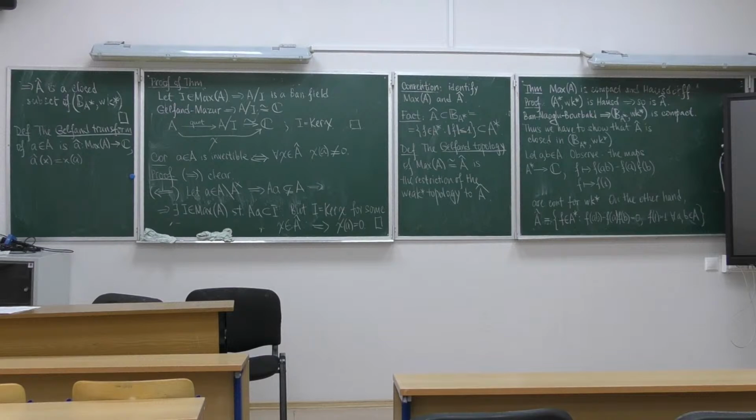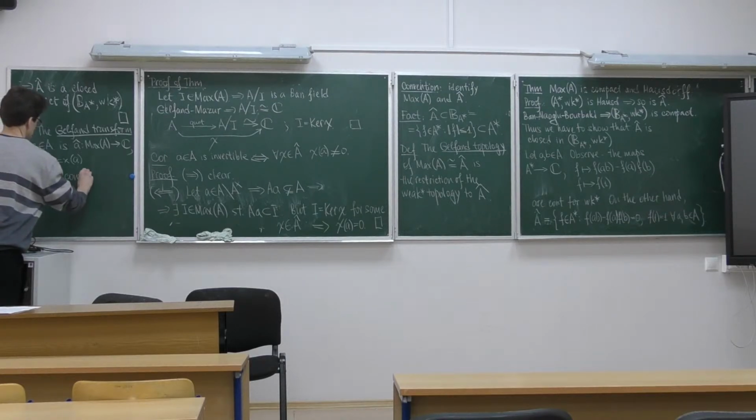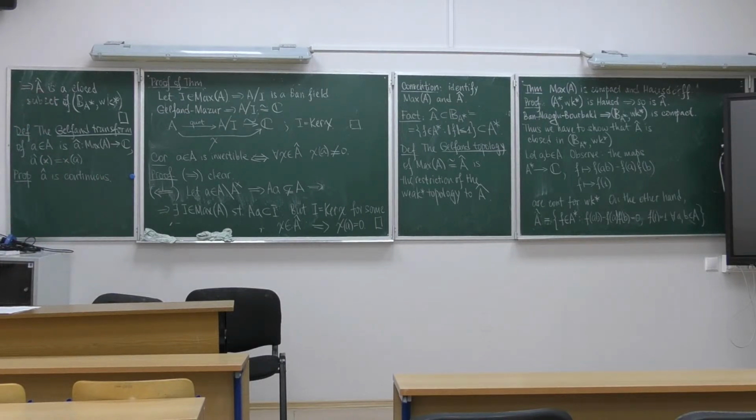Well, so we get a function on the maximal spectrum. I claim that this function is continuous. Proposition: a hat is continuous. To show that it is continuous, we observe that this formula implies that a hat is nothing but the restriction of the canonical image of a in the bidual.